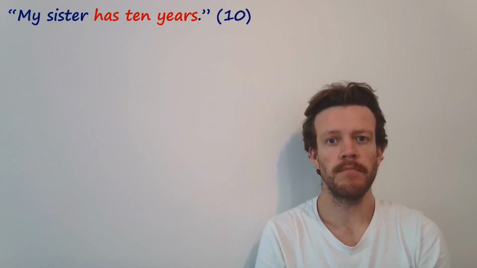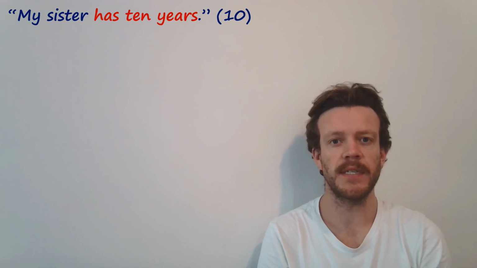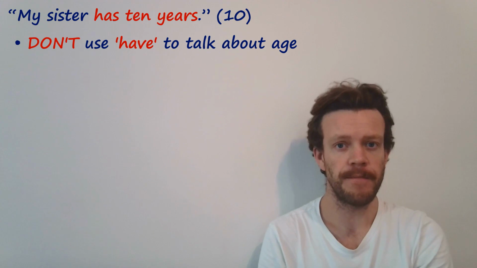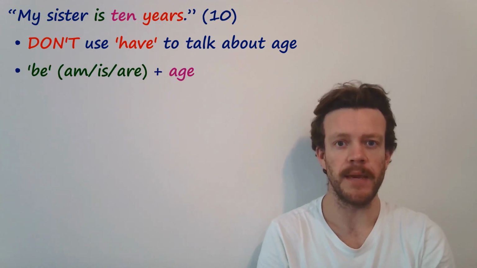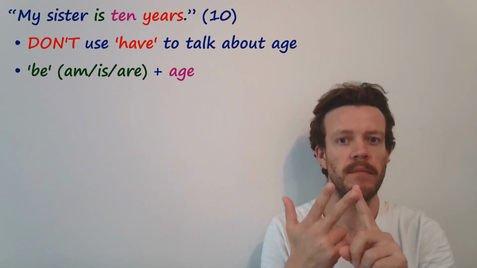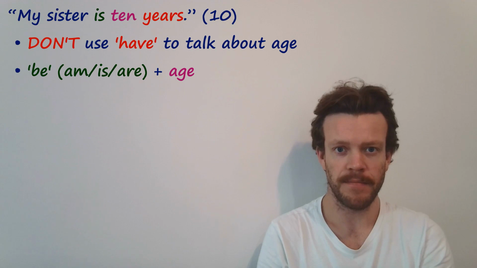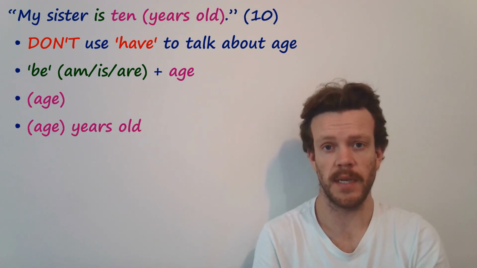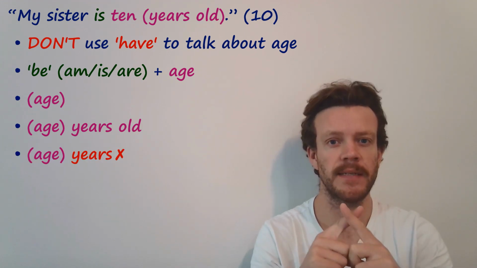So moving on. This one I hear a lot because in other languages they say age differently using the verb have. In English, always make sure you use verb be. Am, is, are. So, my sister is 10. And then you can say 10 years old or just the number 10, but you can't say 10 years.